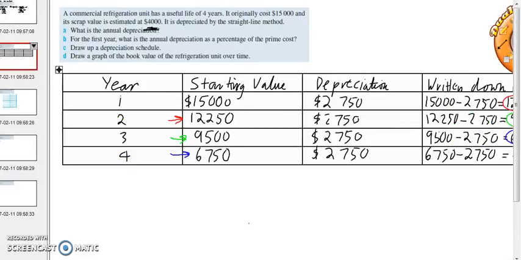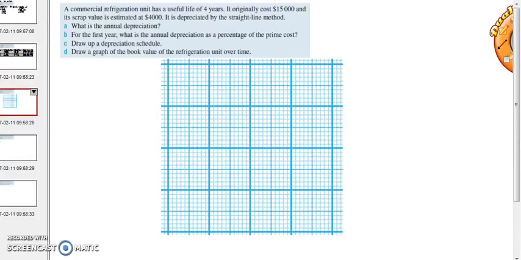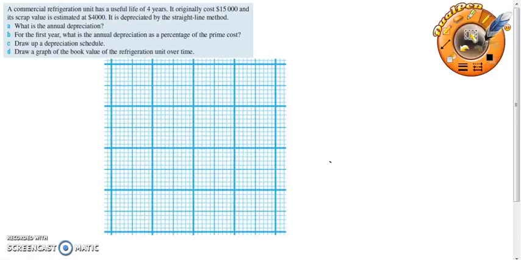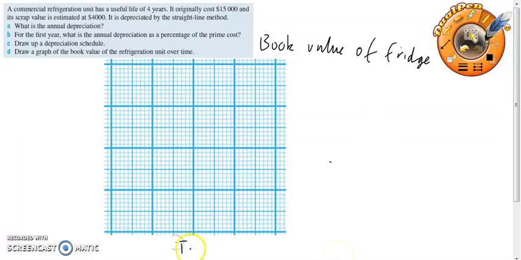Now, the last thing we're going to look at is we can graph this. Okay? So, we can graph the depreciation. And we will call this the book value. And I'm going to shorten the title. So, book value of the fridge. And down the bottom is always our independent variable. And in general, if in doubt, it's nearly always time.